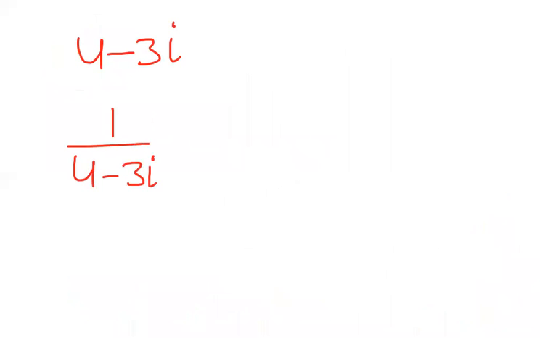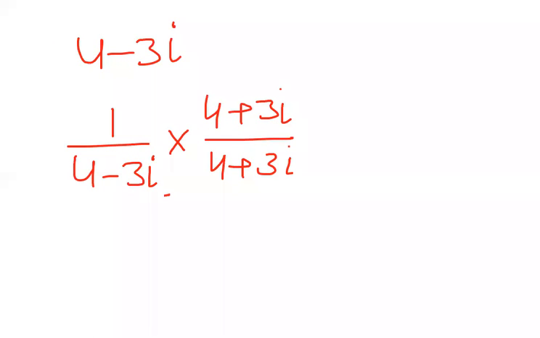One more question is given to us: 4 minus 3i. Its multiplicative inverse we need to calculate. So its multiplicative inverse will be 1 upon 4 minus 3i. Now i cannot be left in the denominator. When we cannot leave i in the denominator, rationalize it. Rationalizing means multiplying by the conjugate. 4 plus 3i upon 4 plus 3i. Look at the denominator: a minus b, a plus b.